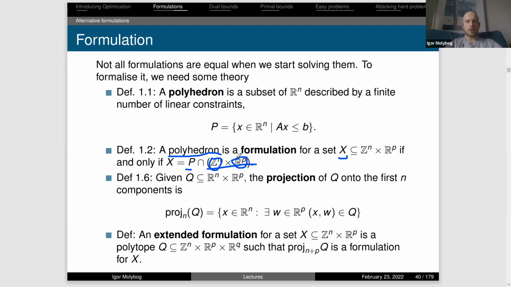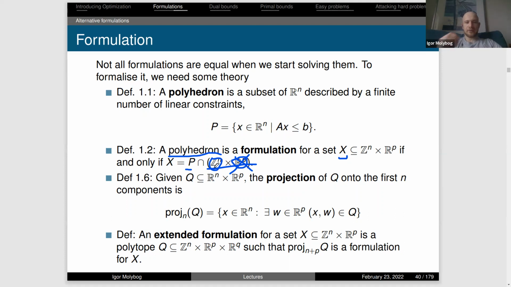That is a formulation for mixed integer programming problems. For pure integer programming problems, a formulation would not have the set of real vectors at all, and we would have only the set of integral vectors intersected with a polyhedron.